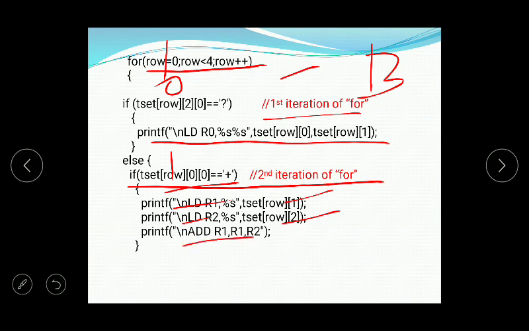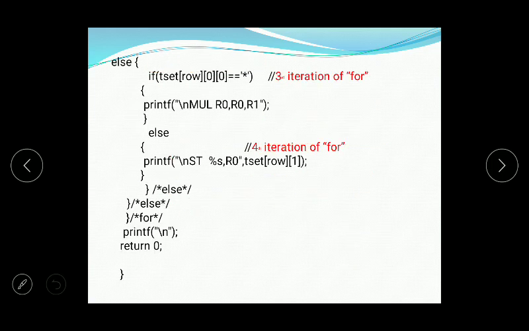These are the 3 statements which are going to take place. In the array T, row is 1 now, column is 1, we have C, and next column we have D. So load R1 comma C, load R2 comma D will be printed. Then add R1 and R2 will be printed.